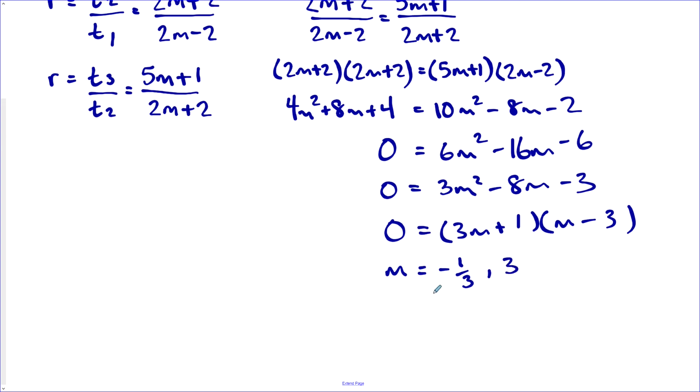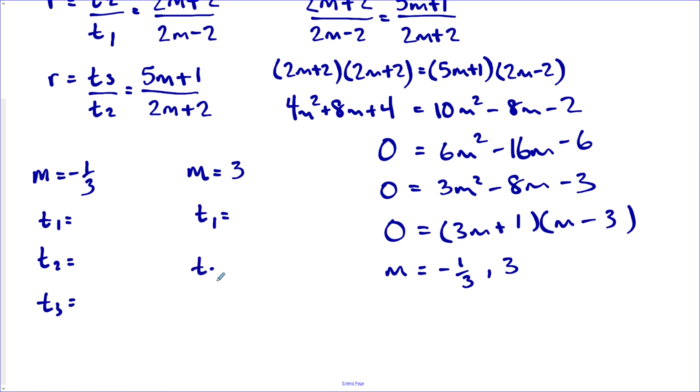That means that there's two sets of solutions here because we get two different values for m. So let's write this out. m equals negative 1/3. Then we want to find t1, t2, and t3 when that is negative 1/3. Now let's do it again when m is 3. We'll find t1, t2, and t3.